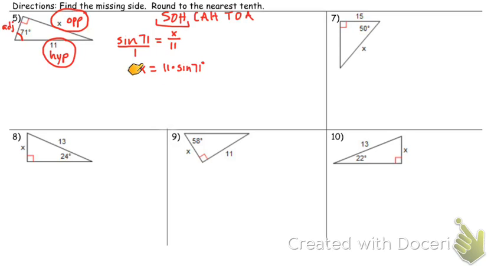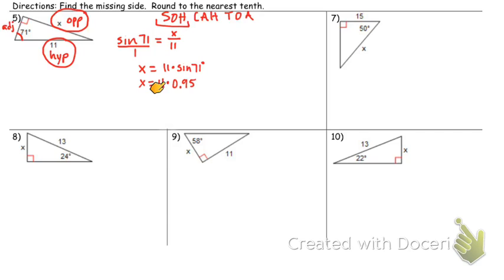Okay? This is actually our proper answer, but if we want decimal form, we're going to compute sine of 71. Okay? So with your calculator, however you're going to use it, sine of 71. So I'm going to calculate that and see if your calculator gives you the same thing. Okay, so when I did sine of 71, it was 11 times, and again, I am rounding, 0.95.